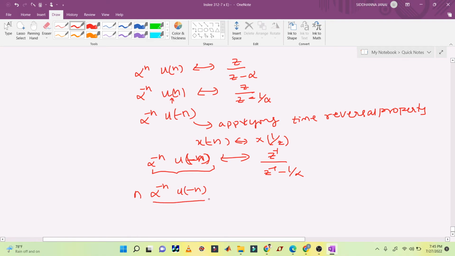We have found out only for this one. So this would be minus z d by dz of z inverse of 1 minus z inverse minus 1 by alpha. So it is differentiation. Multiplication by n means whatever x of z you have got here has to be differentiated with respect to z and then multiplied by minus z.